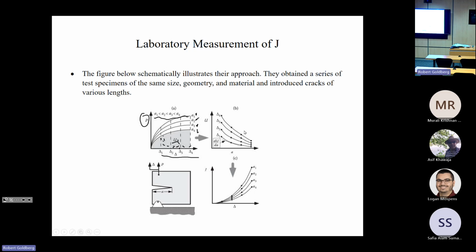crack lengths, and you can do a plot here where you plot your energy versus crack length for various displacements. So here, you define a constant displacement and you say for crack length a1 you have this, crack length a2 you have this, crack length a3 you have this, crack length a4 you have that. So that's how you generate this plot.